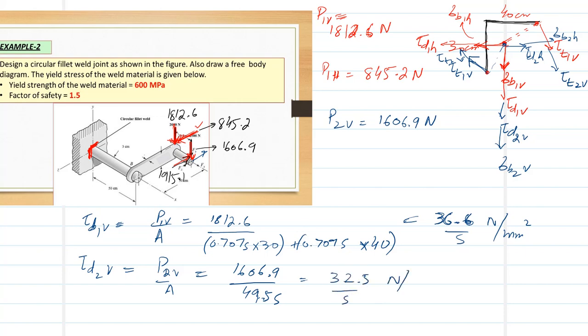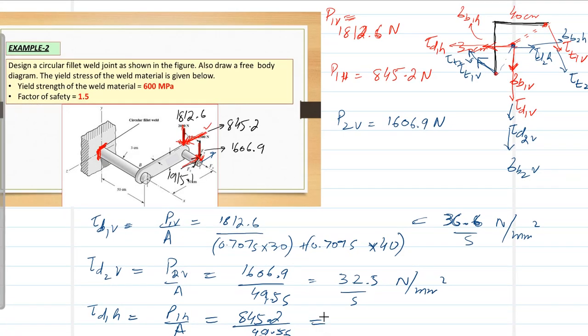Now finding tau D1H, which is P1H over A. Now P1H is 845.2 and the area is the same, which is 49.5 S. Clear? 845.2 divided by 49.5, which is 17.1 divided by S Newton per millimeter square.